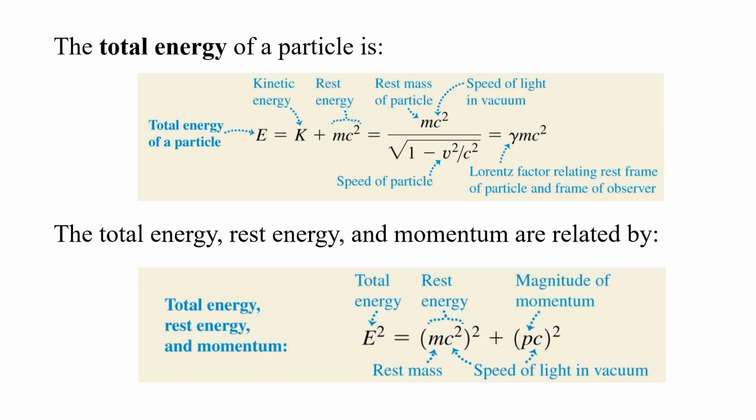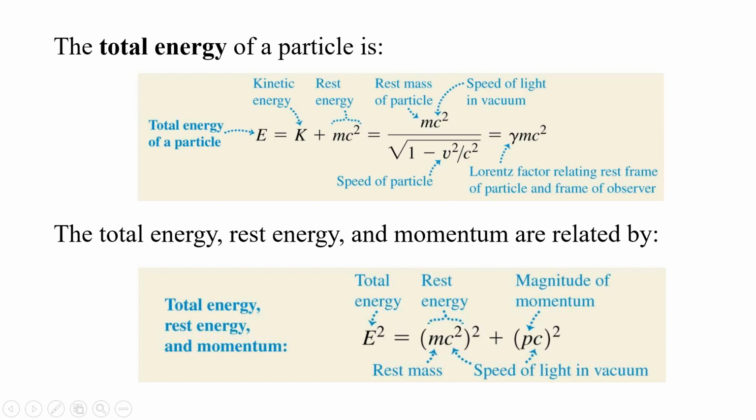Now the total energy of a particle can be obtained by adding the kinetic energy and the rest energy. From the previous slide, K is equal to mc squared over the square root of 1 minus v squared over c squared, minus mc squared, plus this term here, mc squared, the rest energy.